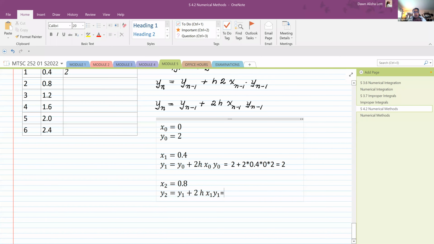So that is equal to y1 is 2 plus 2 times h, which is 0.4, times x1. x1 is 0.4 and y1 is 2.